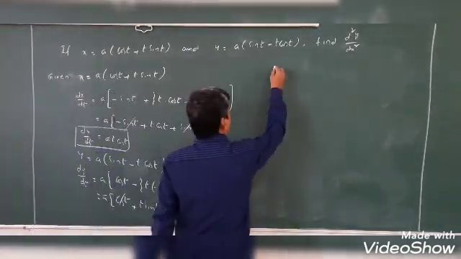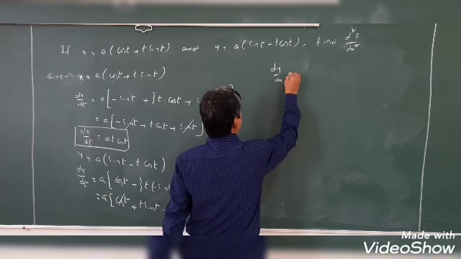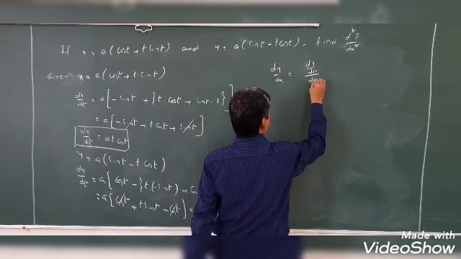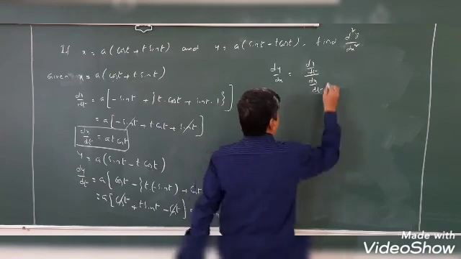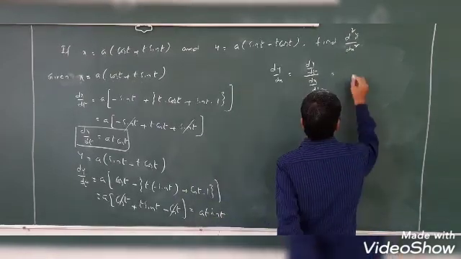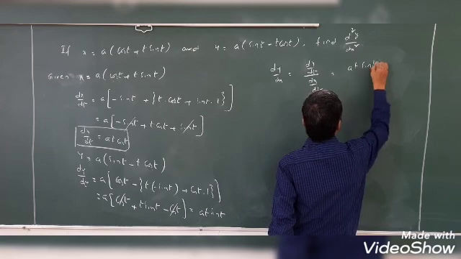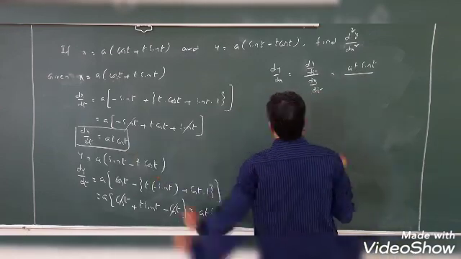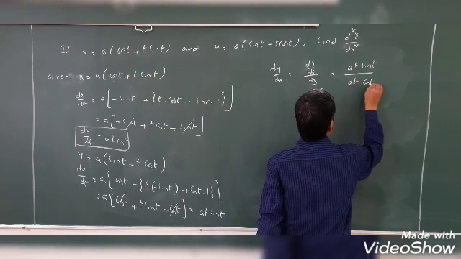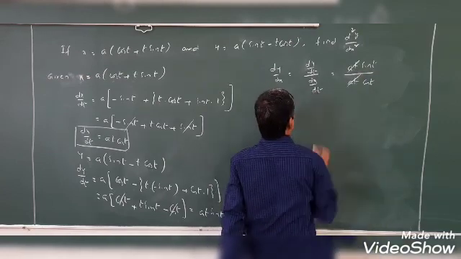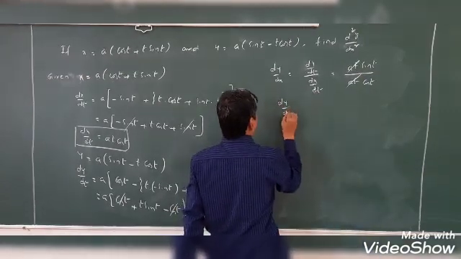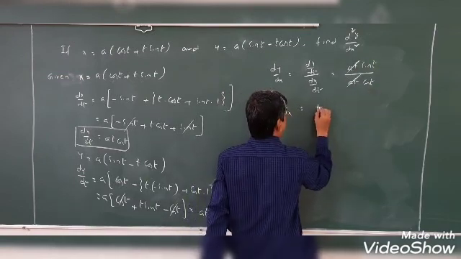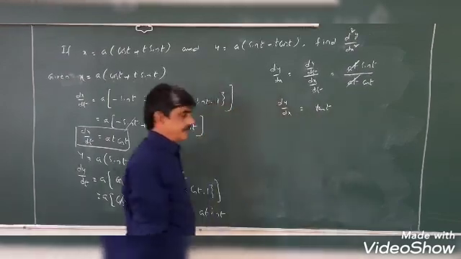So first we want to find dy by dx. So dy by dx is nothing but dy by dt by dx by dt. So dy by dt is a t sin t by dx by dt is a t cos t. So a t gets cancelled. So dy by dx is equal to sin t by cos t, which is nothing but tan t.